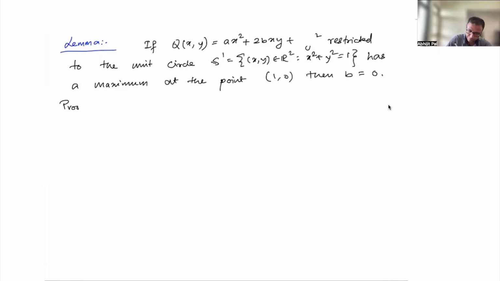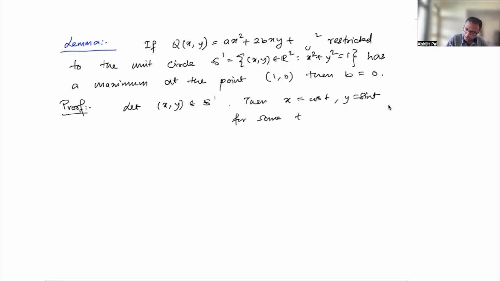So what is the proof of this lemma? Let us take (x, y) belonging to the unit circle. Then x equals cos t, y equals sin t for some t.